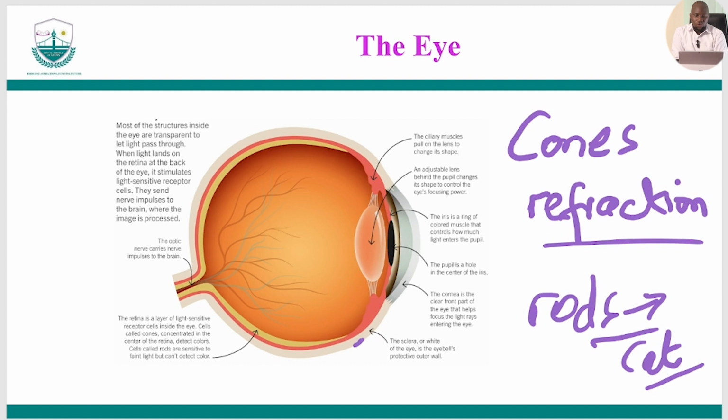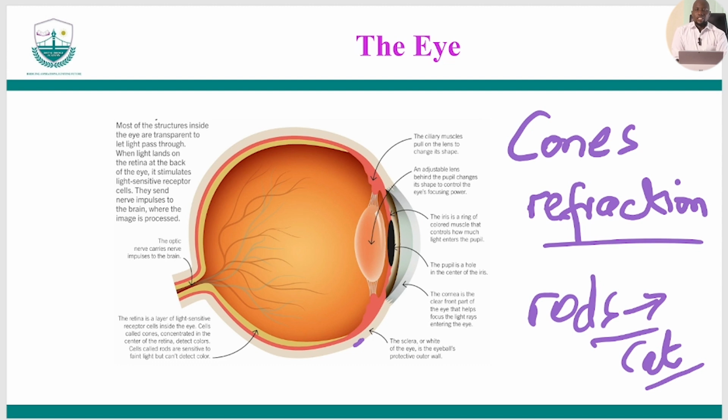So we move to the optic nerve. The optic nerve is what carries the electrical impulses to the brain for interpretation.